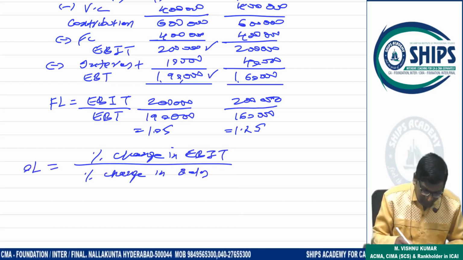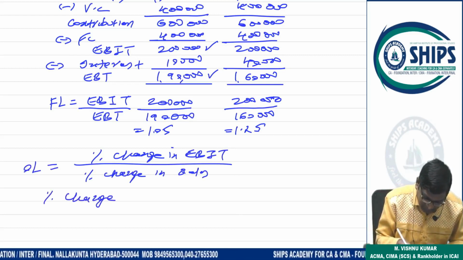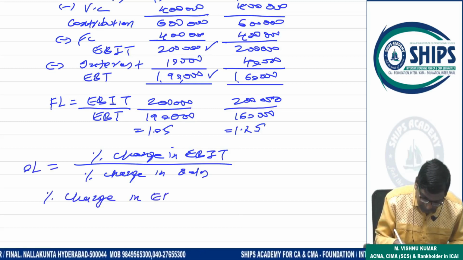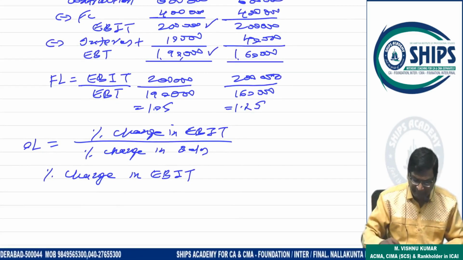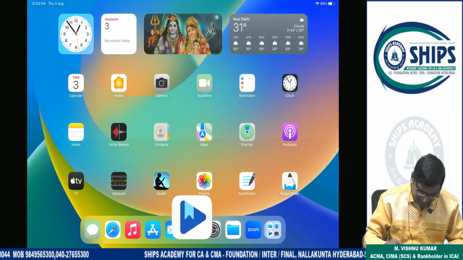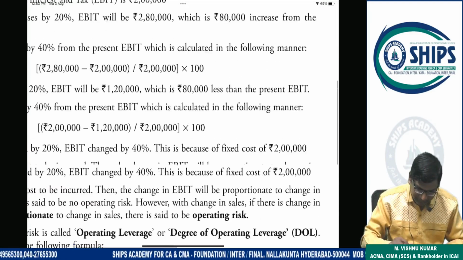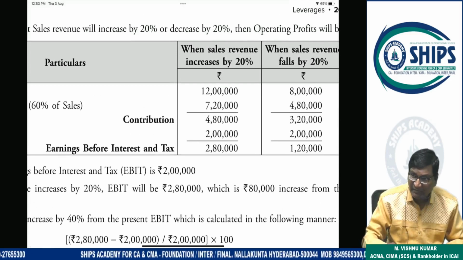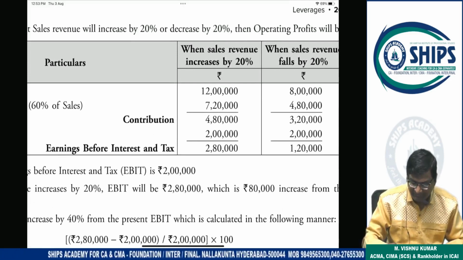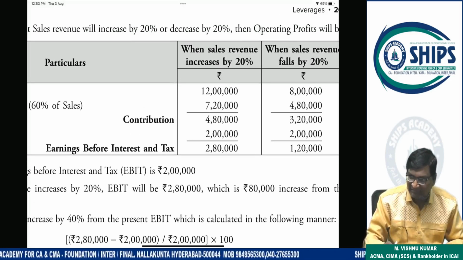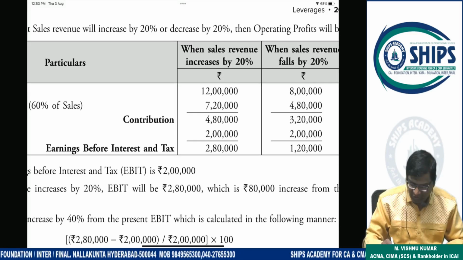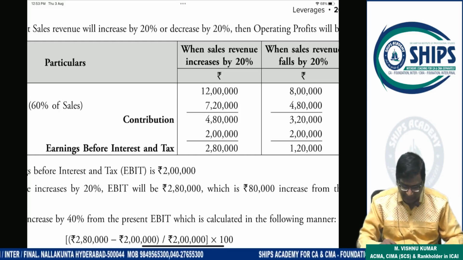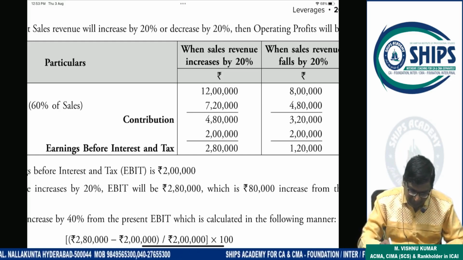Now percentage change in EBIT. So EBIT, how much right now? 2,80,000, 1 lakh. स्क्रीन पर देखिए 2,80,000, 1 lakh. This is a difference. So percentage change we have to calculate. So change in EBIT how much? 2,80,000, 1 lakh, 20,000.